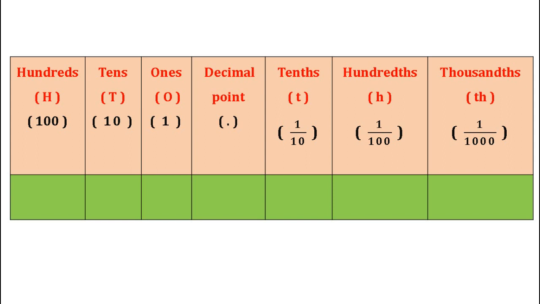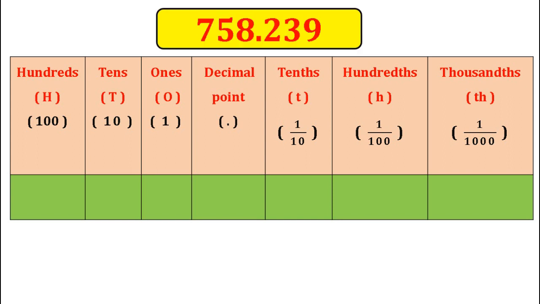So now, since we have understood the place value chart of a decimal number, let us now look at an example, that is 758.239. So we will first write 7 under the hundreds place, 5 under tens, and 8 under ones place.